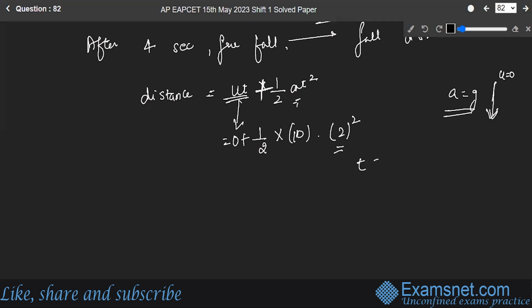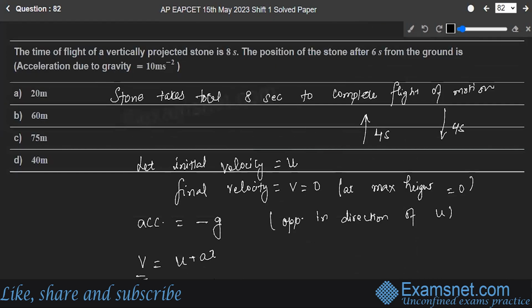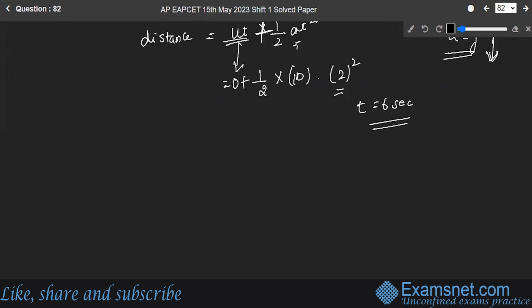The time of flight of the vertically projected stone is 8 seconds, and the position of the stone after 6 seconds from the ground is asked. So in this case, the time is 6 seconds, and the downward motion will be of 2 seconds.